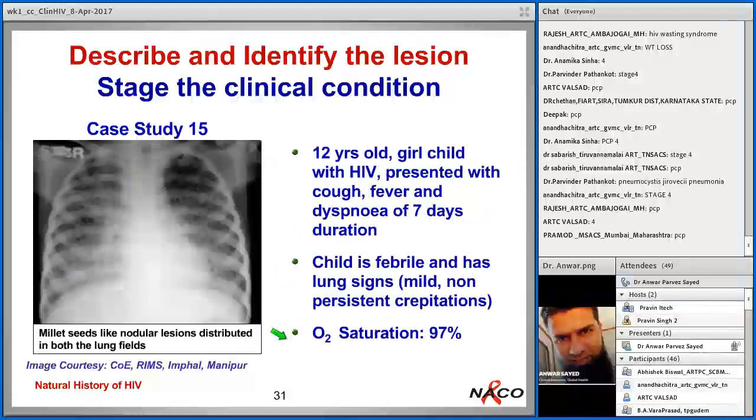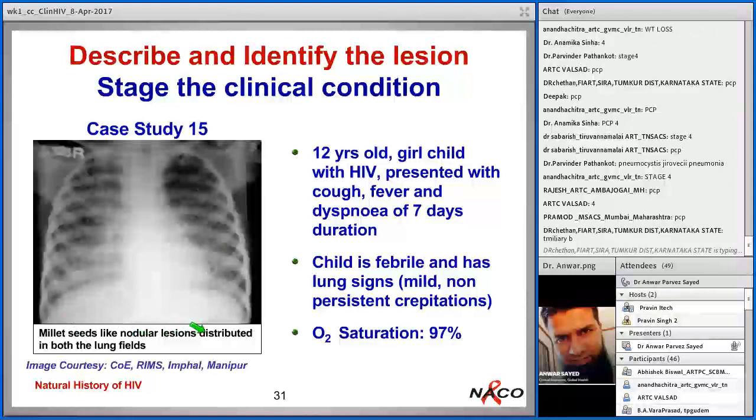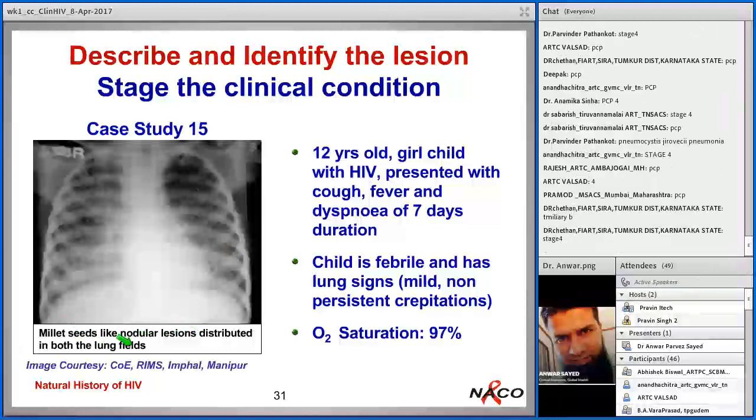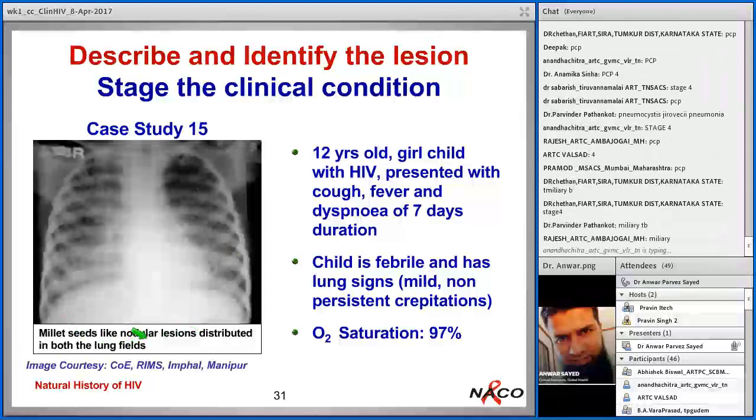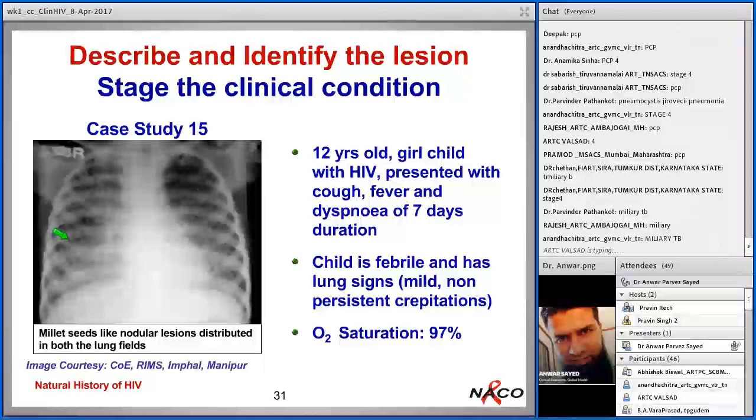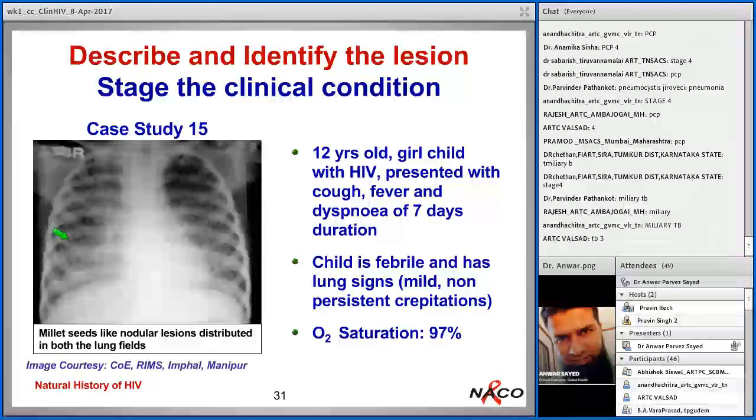In PCP there will be indolent fever, that is fever for a few days. There will be dry cough. There will be tachypnea and dyspnea, or at least, if dyspnea is not at rest, and you ask the person to walk a bit, and after that the person develops dyspnea, it is more likely that the person might have PCP.